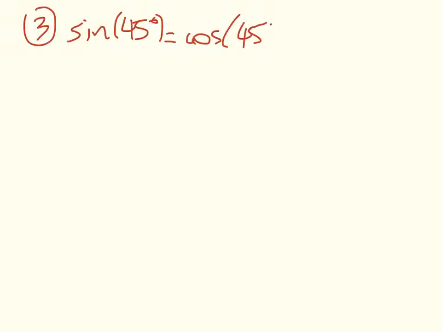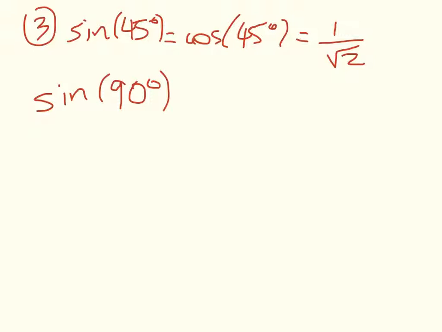Right, question 3. We are told that sine of 45 and cosine of 45 are equal to 1 over √2. Now you really should have a feel for that one already from lots of special triangle practice. But we're asked to calculate sine of 90 degrees using that fact.